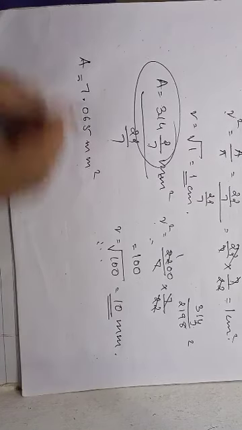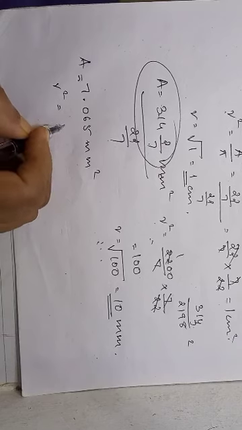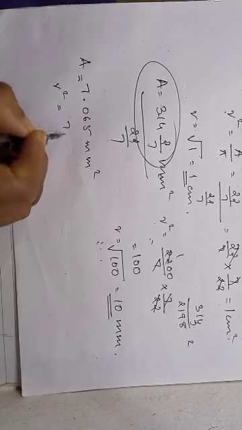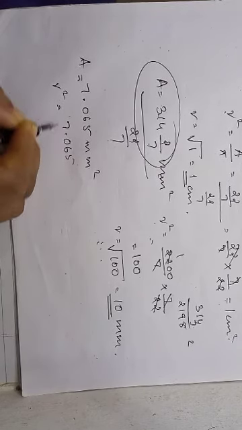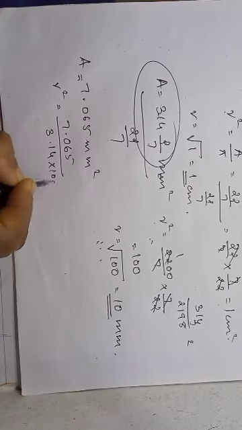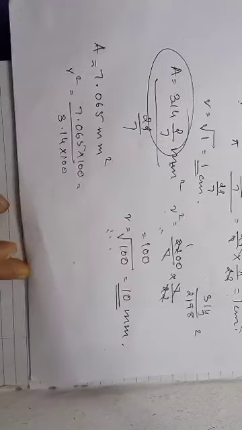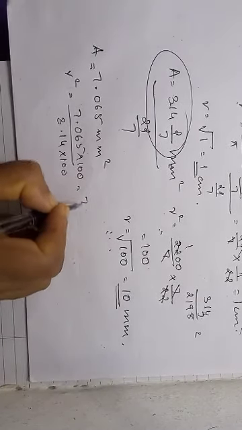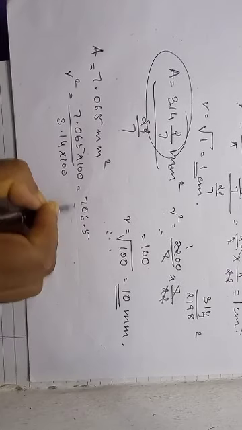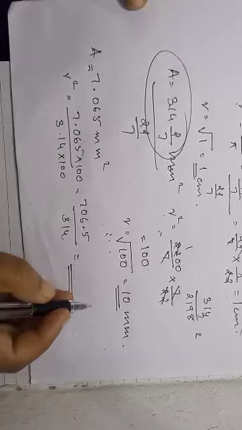Here, same way, r square is equal to A by pi, taking pi as 3.14. So 7.065 divided by 3.14. Multiply numerator and denominator by 100 because the decimal in the denominator has to go. So 706.5 divided by 314. Divide it and find r square.